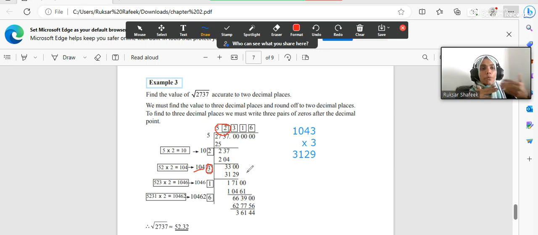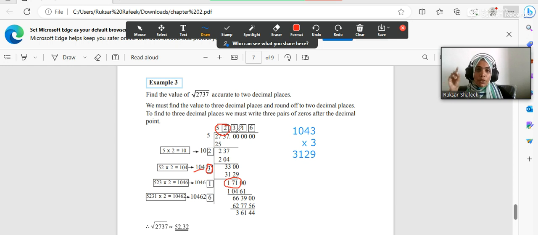So then you do the subtraction. It's like the same process repeatedly happening, right? First you double the value, get the closest number, and then you subtract it, get the remainder, add 2 zeros, and continue with the same process again, right? So when you do the subtraction, 3300 minus 3129, you get the answer 171 over here.